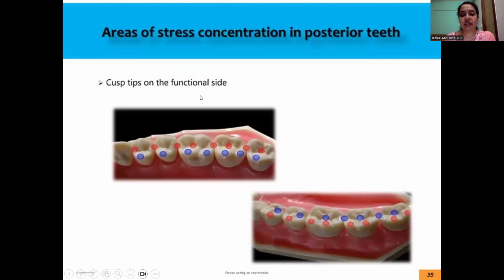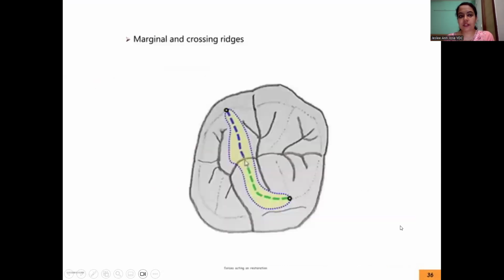Cusp tips on the functional side are demarcated with blue dots in the maxillary arch and red dots in the mandibular arch in this picture.